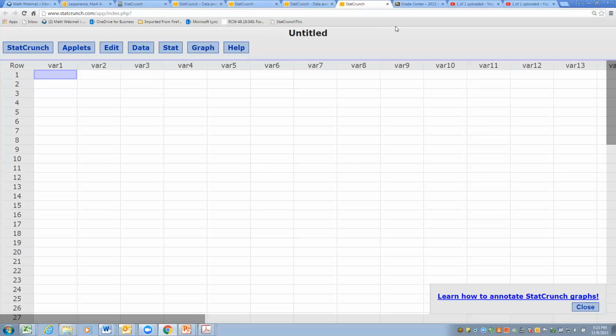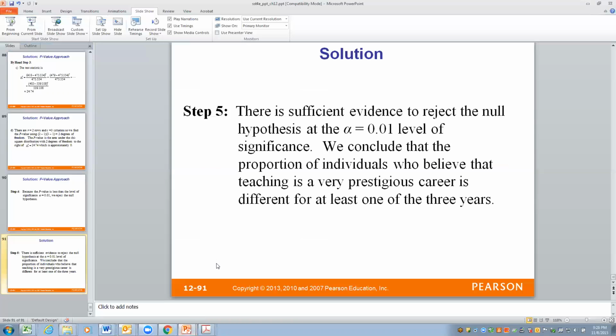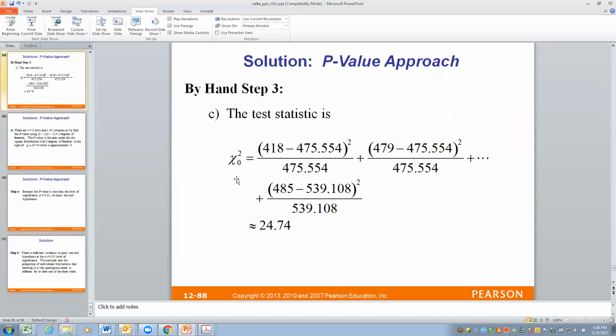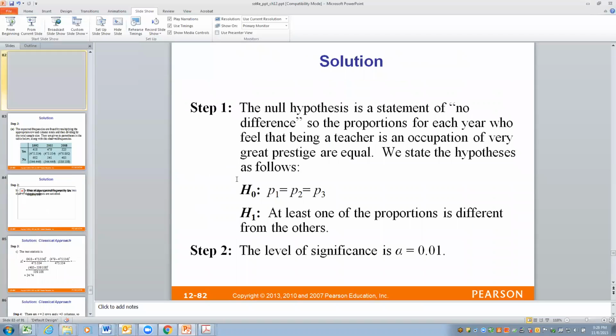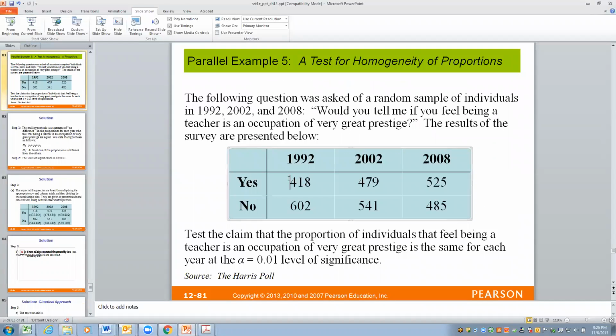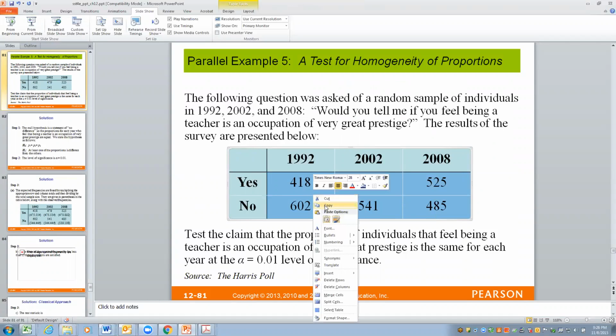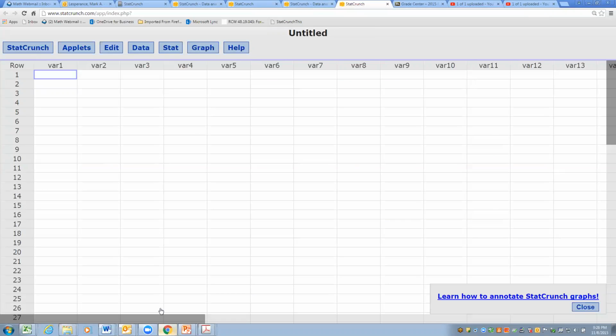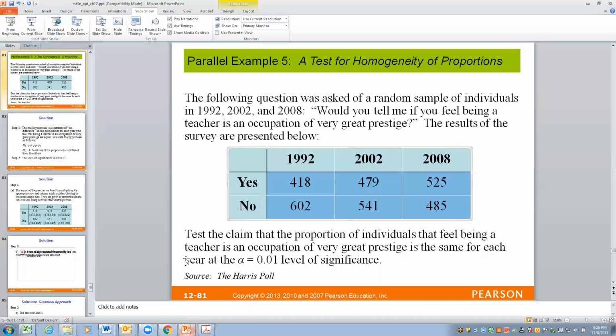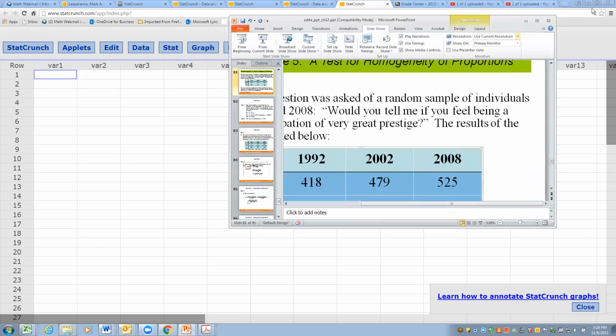So let's take our example that we had here, and let's say we had these 6 values. Again, it's not going to let me copy from my PowerPoint over. So let's try to plug them in this way.